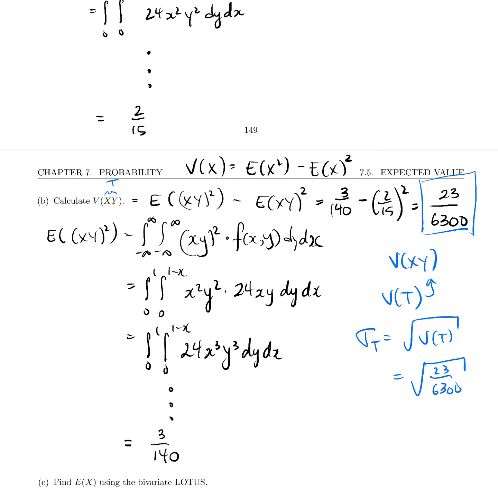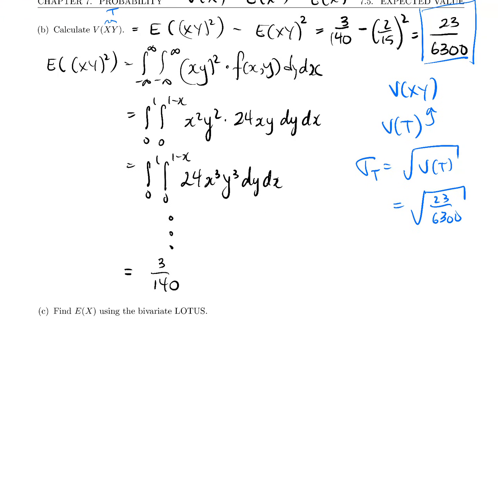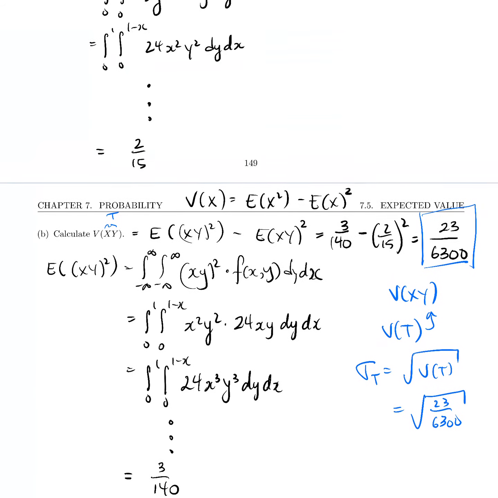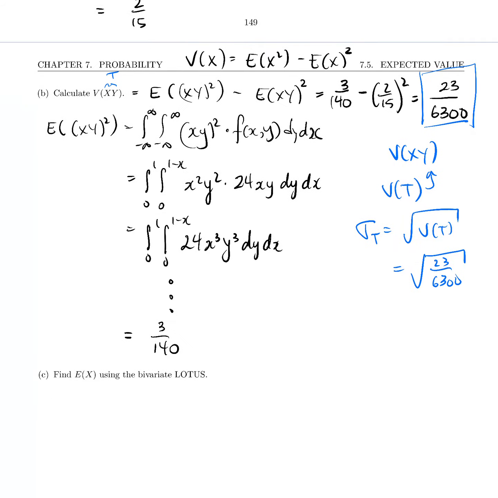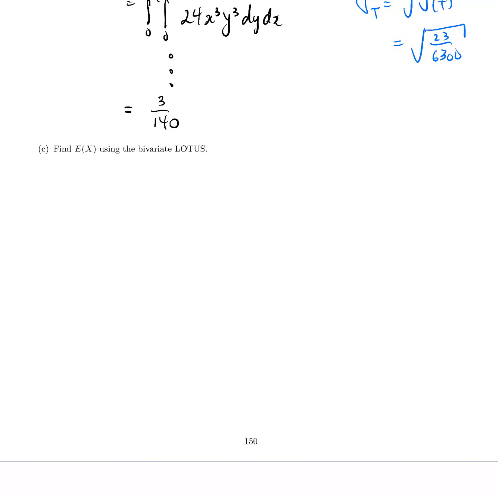Last, part C here, what if we want to find the expected value of x? Now that looks a little bit strange because that's a single variable, but we have a bivariate situation, right? We've got two jointly distributed random variables. We've got a joint density function. So we can certainly apply the bivariate LOTUS by imagining that this is just a function h of xy that's just equal to x. And so we can evaluate E of x as the same double integral from minus infinity to infinity on each of them of our function x times the density function.